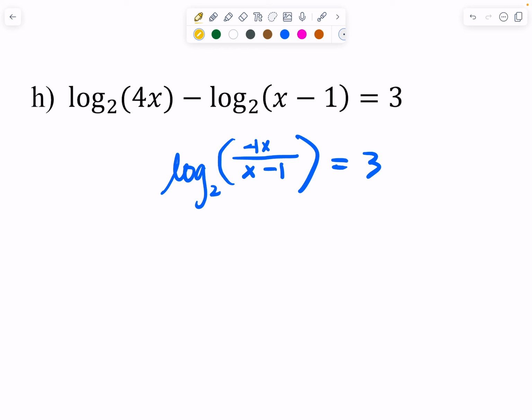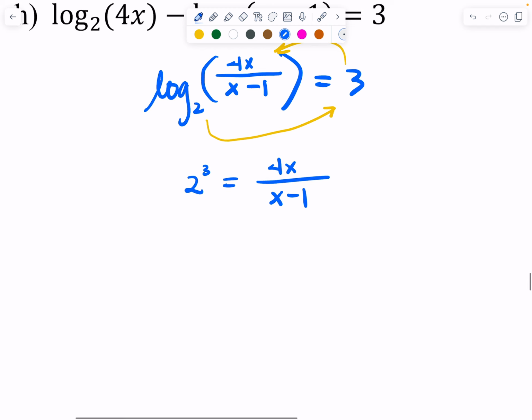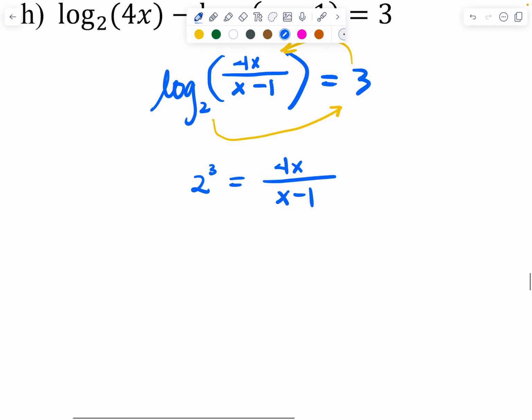So using that quotient property for logarithms, now we can think, okay, 2 cubed would be equal to 4x over x minus 1. And then solving from there, I can think about multiplying by x minus 1 on each side of the equation. 2 cubed is 8.